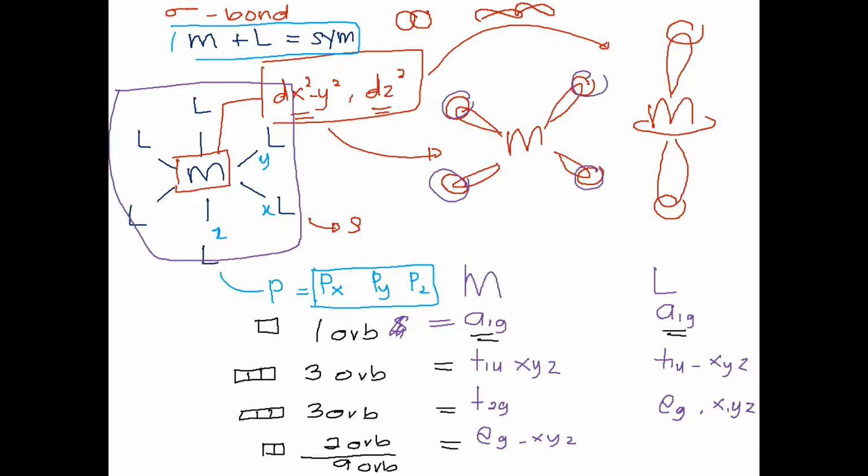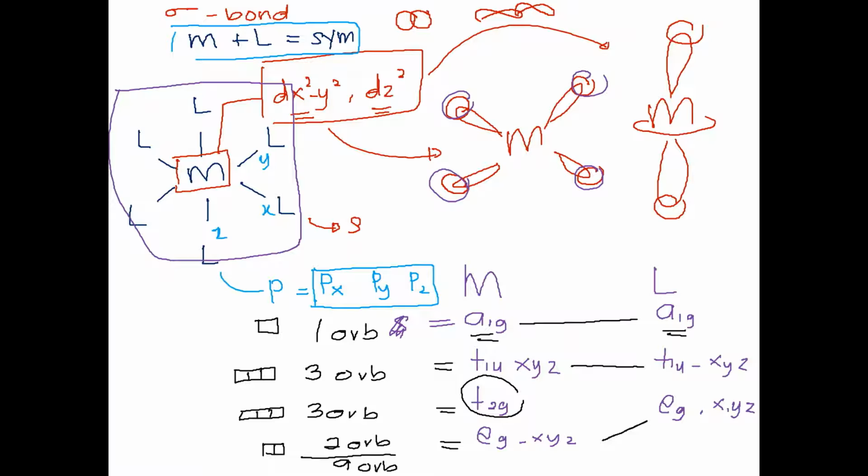So as you can see here, the metal has A1G, the ligand also has A1G. The metal has T1U, the ligand also has T1U. The metal and ligand have EG, while the ligand doesn't have T2G.